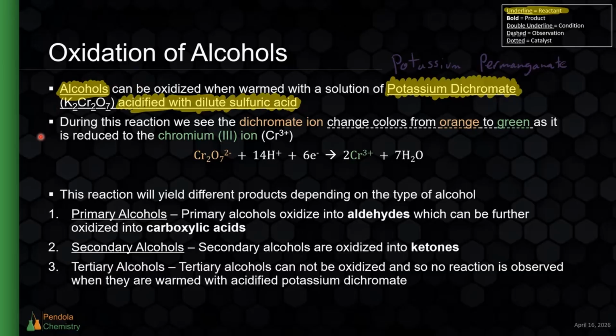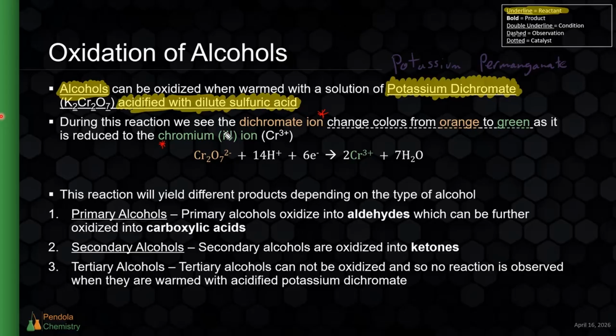Now, when these alcohols get oxidized, during that reaction, we are going to see a color change. And what that color change, that observation, is going to be will depend on which of the two reactants we use, dichromate or permanganate. In the case of dichromate, the dichromate ion, which is orange, is going to be reduced, because it is an oxidizing agent, so it is reduced itself, into chromium 3 plus, the chromium 3 ion.